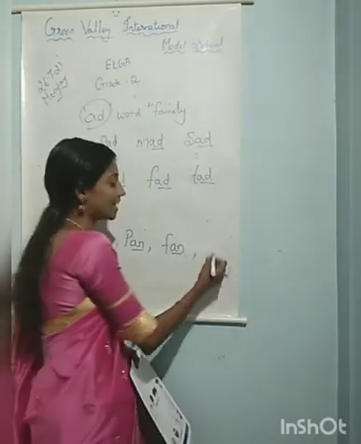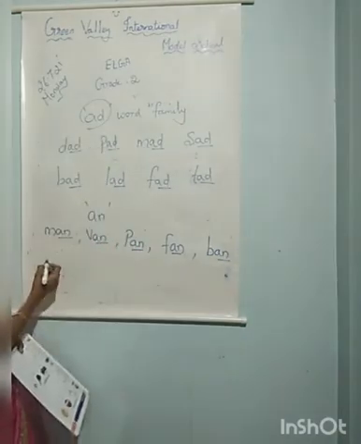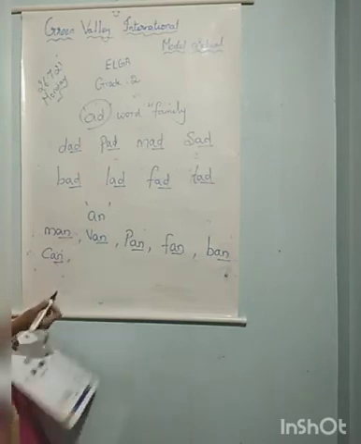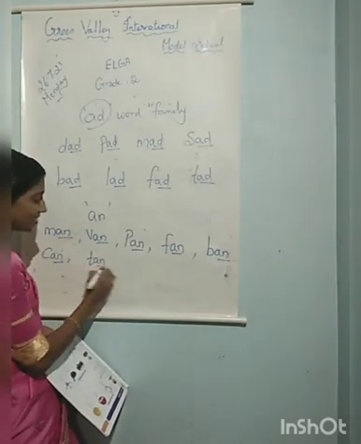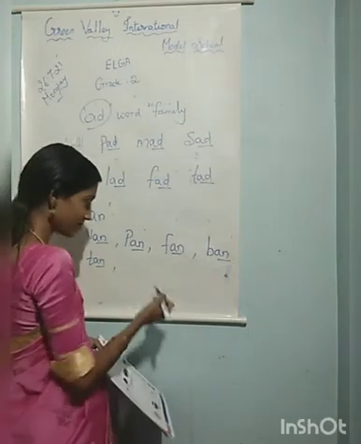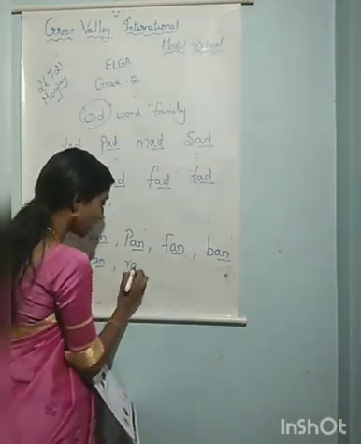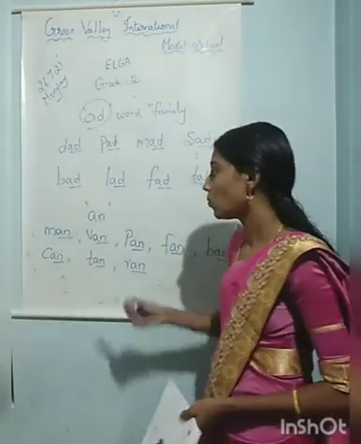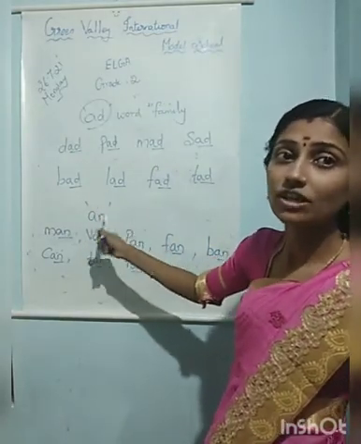B-A-N, ban. C-A-N, can. T-A-N, tan. R-A-N, ran. Okay, so these are some words about the AN word family.